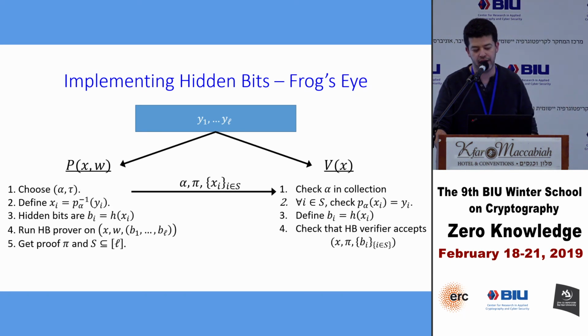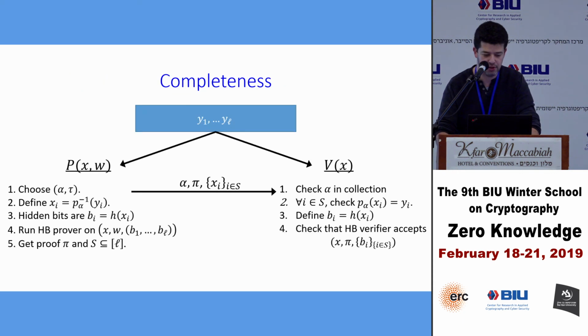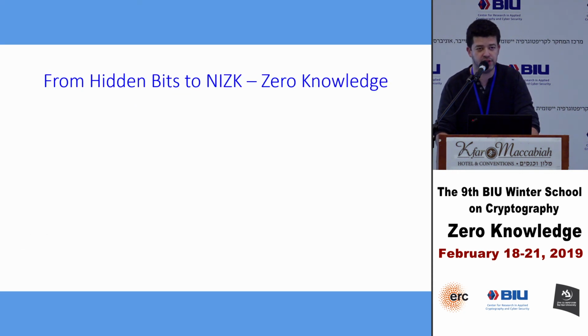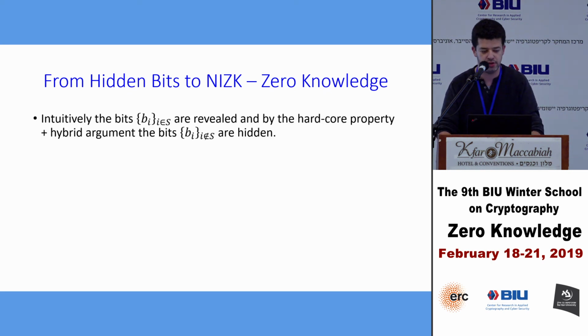And now we can rely on the soundness of the hidden bits proof system. You can actually show a reduction, but I think intuitively it should be clear. So for any particular choice of alpha, the hidden bits are entirely determined, and therefore we can rely on the hidden bits soundness. But the problem is that, in general, the prover can choose any old alpha that it likes. It doesn't have to choose any particular one.